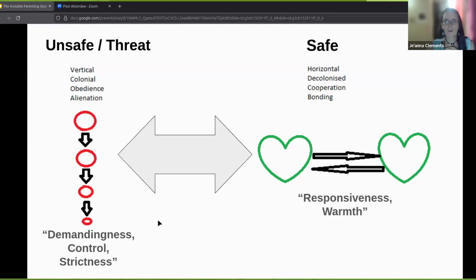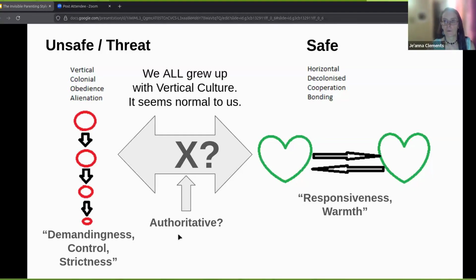So then we could assume that that means that authoritative is the perfect balance between the vertical culture and the horizontal culture, between those two ways of relating. But I can tell you that's where my alarm bells go off, because that's not what it is at all. And I think that the problem is that we all grew up with vertical culture because it took over the globe.